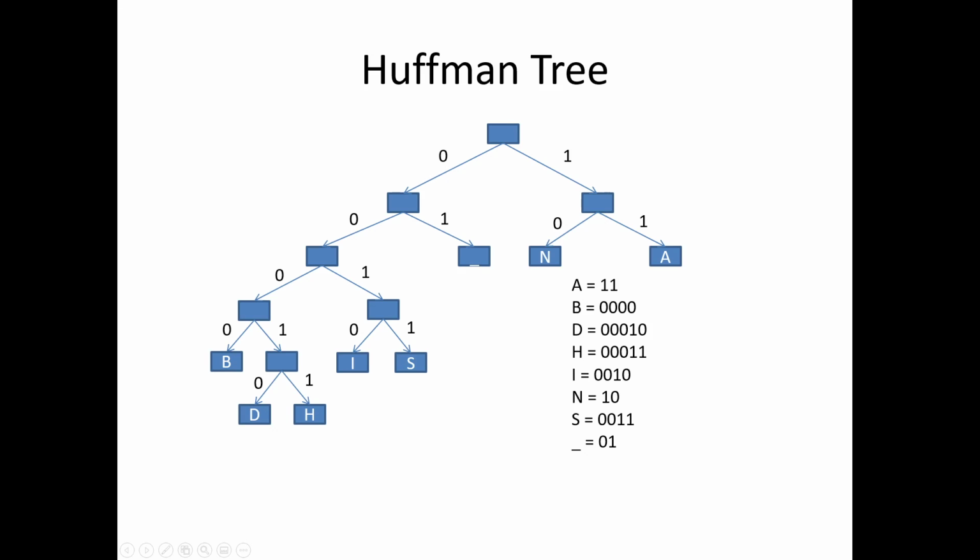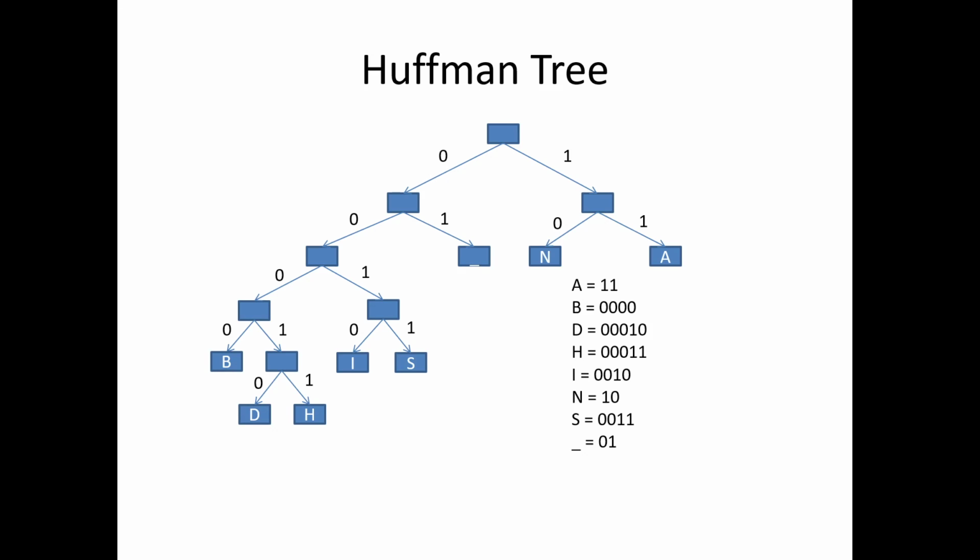Here's another example of a tree. This is called a Huffman tree. Now, a Huffman tree is not necessarily a data structure where we would store data. It's instead a tree that we construct as part of an algorithm to encode text data.